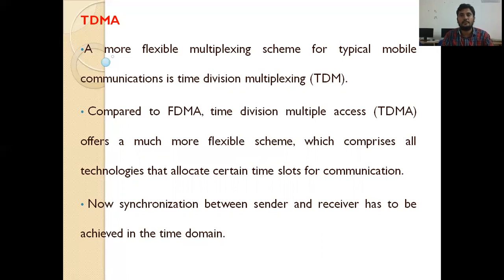10 channels, same bandwidth. But coming to TDMA, the entire bandwidth is used by one user, because a certain time slot is allocated. For example, in a certain time period, 9 to 10 is allocated for one particular subject.